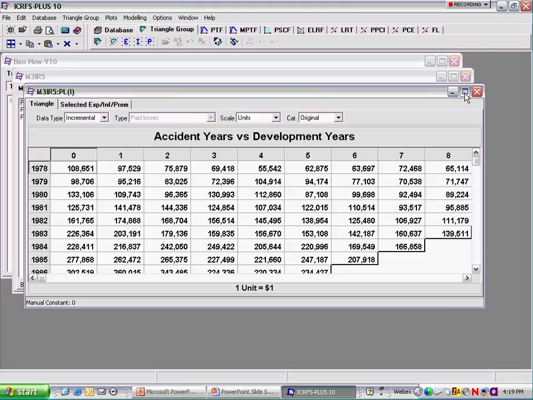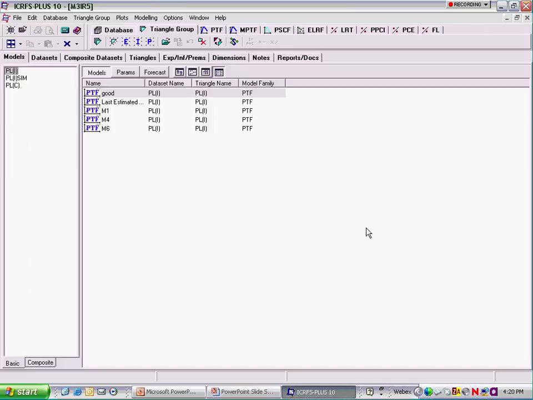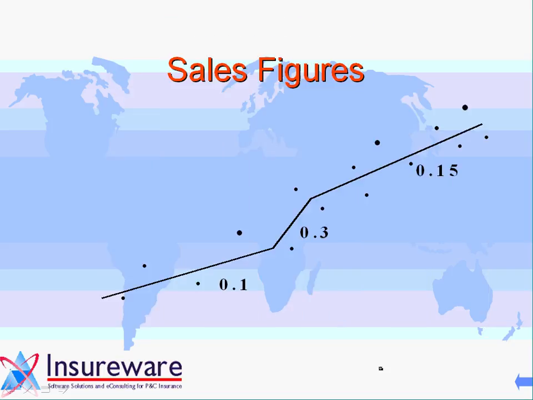There it is. Now we know that since 83, there's a 15% trend there on the log scale. Why is this number in development year 1, 1990, smaller than the previous number? The reason it's smaller is because when you have randomness around a trend, successive numbers are not necessarily larger.